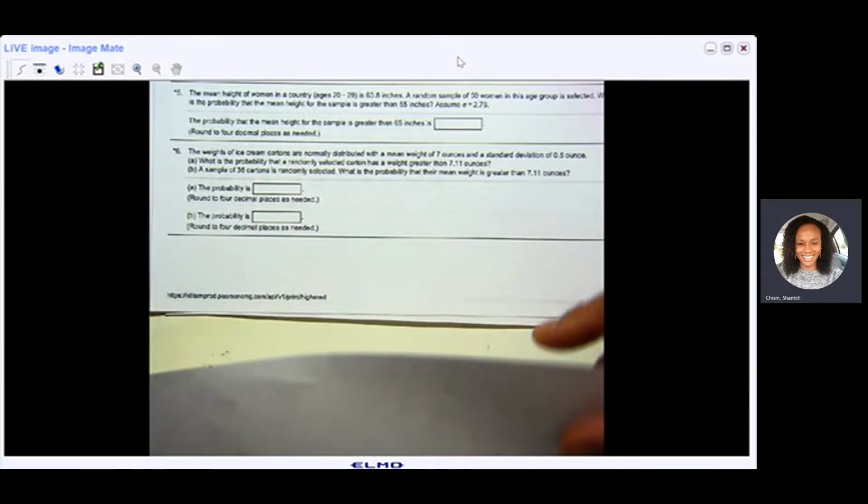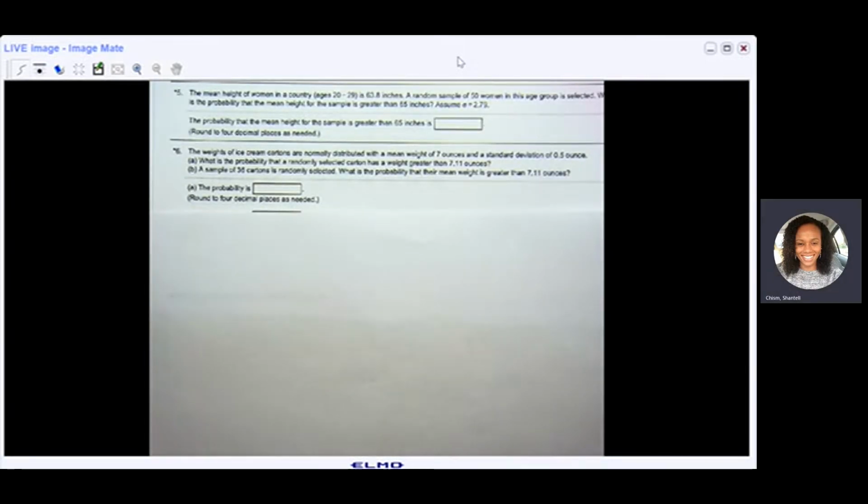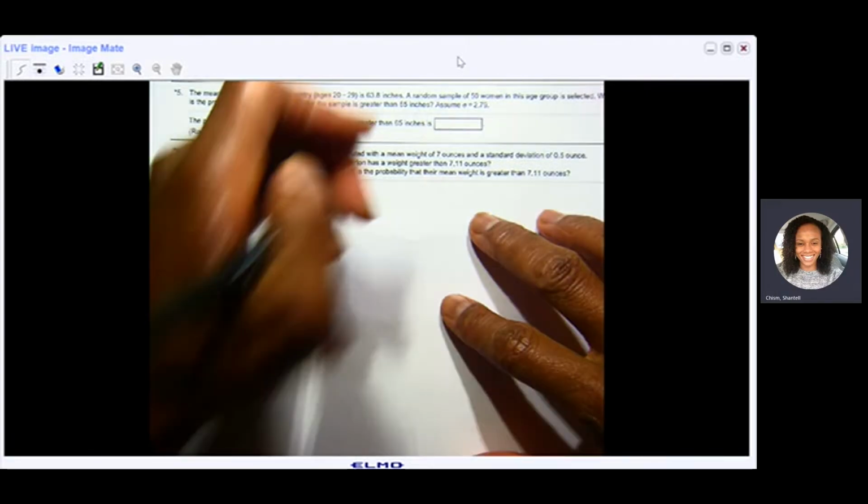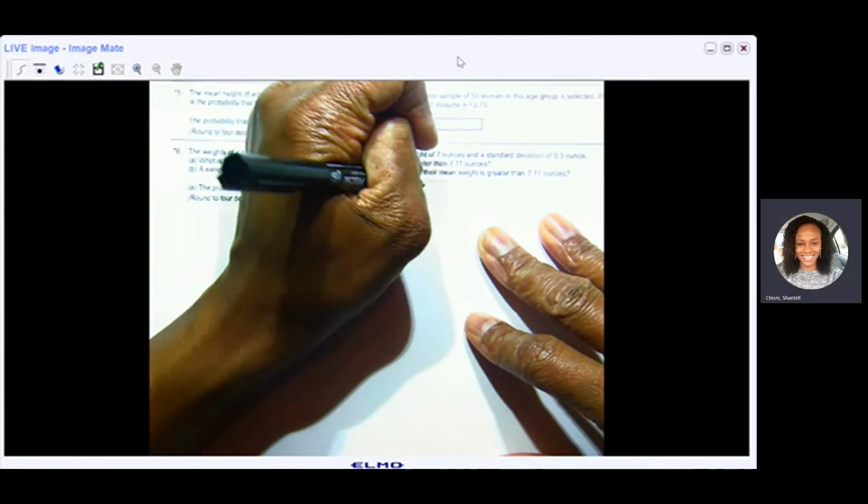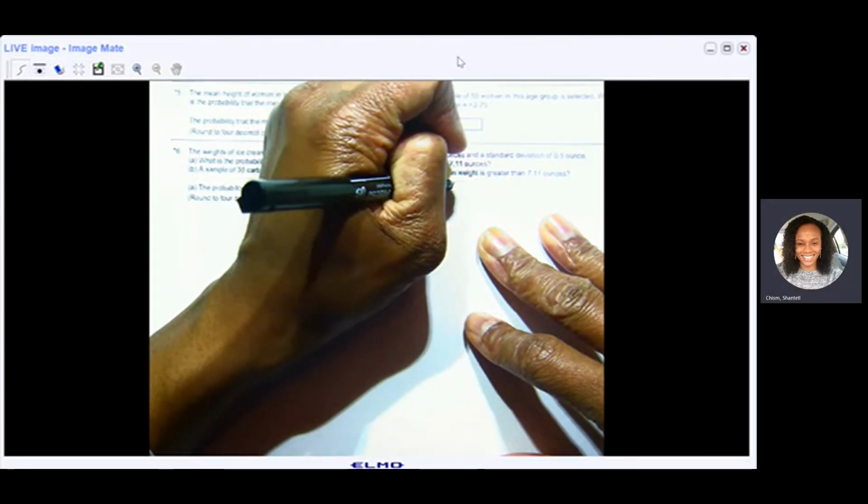Let's look at number 6. And then there's one question out of module 5 that I do want to look at too. So let's look at number 6 here. It says the weights of ice cream cartons are normally distributed with a mean of 7 ounces and a deviation of 0.5.